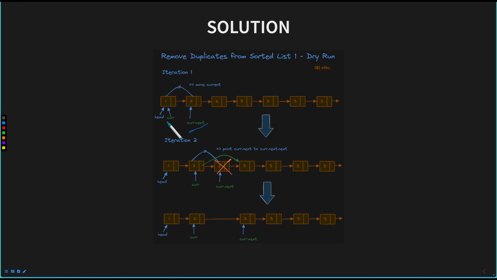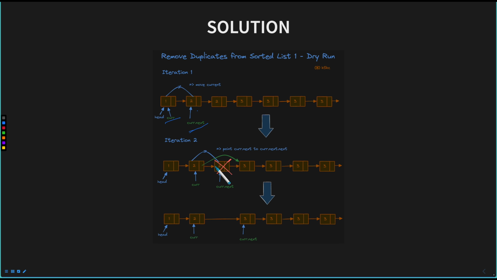Initially our current will point to the head, and current dot next will be 2, right? So we check: is 1 equal to 2? The answer is no, so we move the current, and now our current next will be one step ahead. Again we check: is current dot val equal to current dot next dot val?